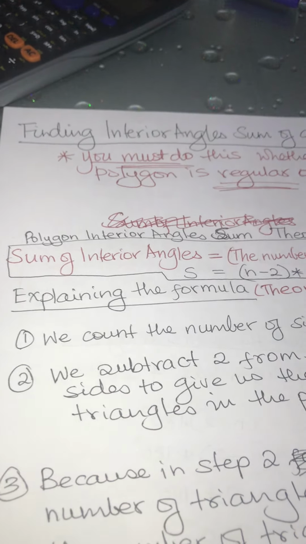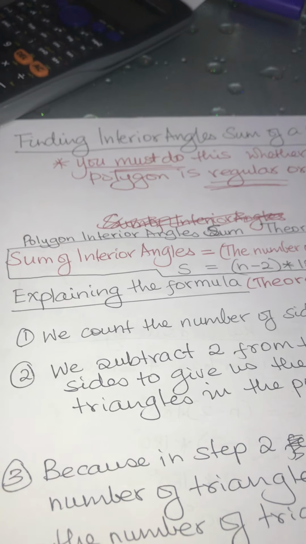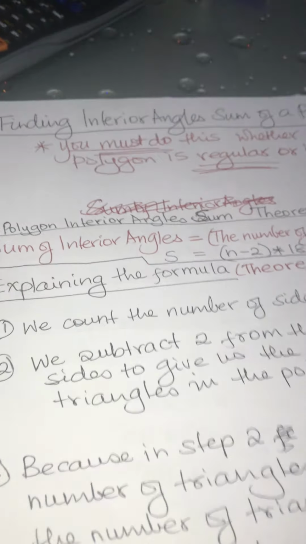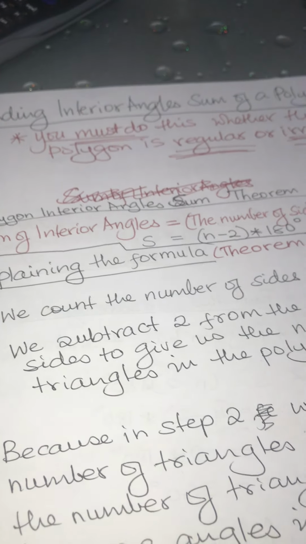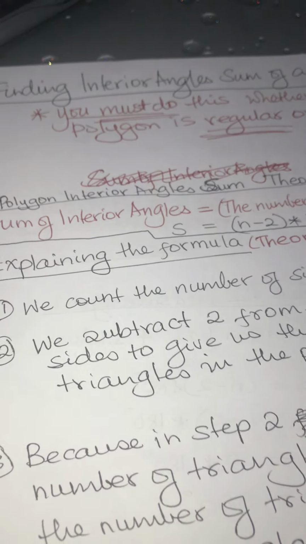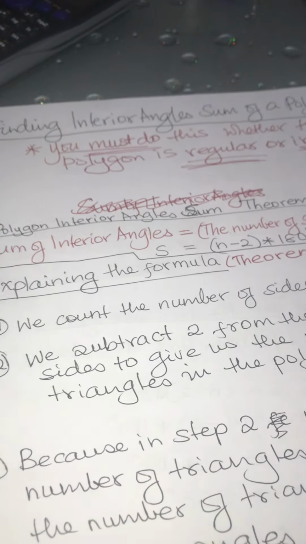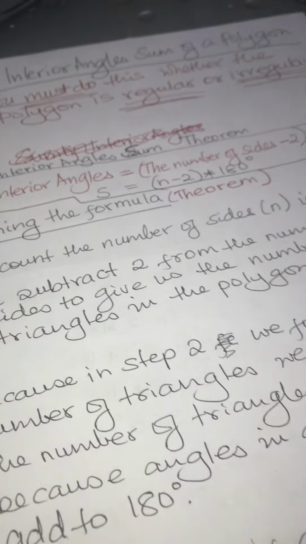When we have polygons, you should know how to find all interior angles, one interior angle, one exterior angle, all exterior angles. This is very important. You should know how to do it.